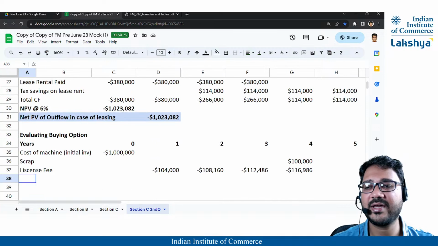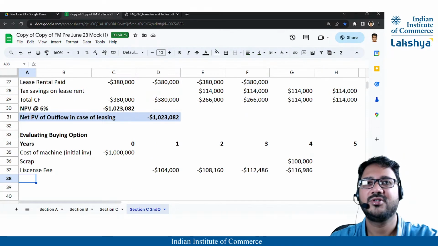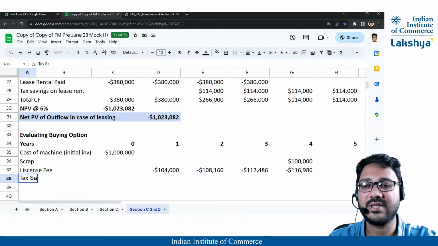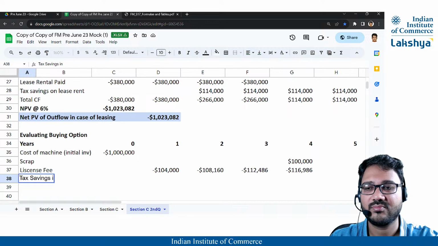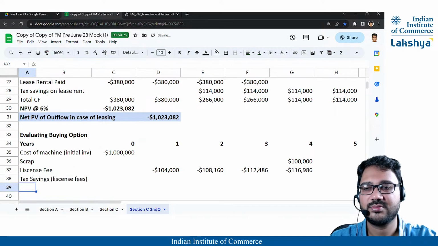Now, we also have a savings in license fee. So, tax, because that's an expense, right? Tax savings in license fees. So, we are saving.